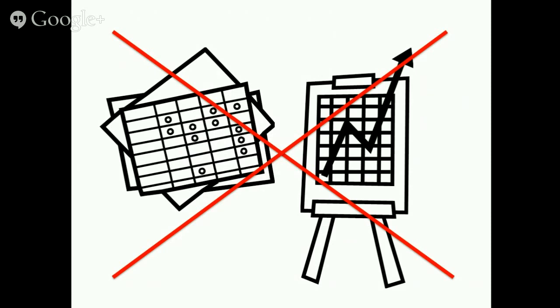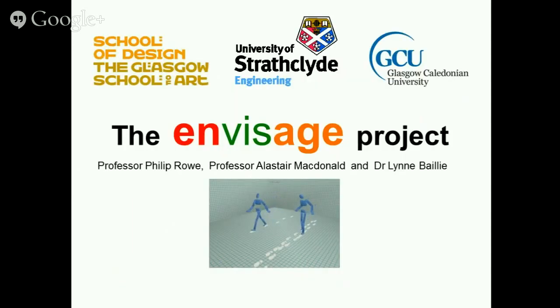So at that point I decided that as much as I could, I would ban tables and graphs and charts as a way of showing biomechanical data. And that led us to the Envisage project, which I undertook with two local universities in Glasgow, the School of Art and Design and Glasgow Caledonian University, which has the health school.